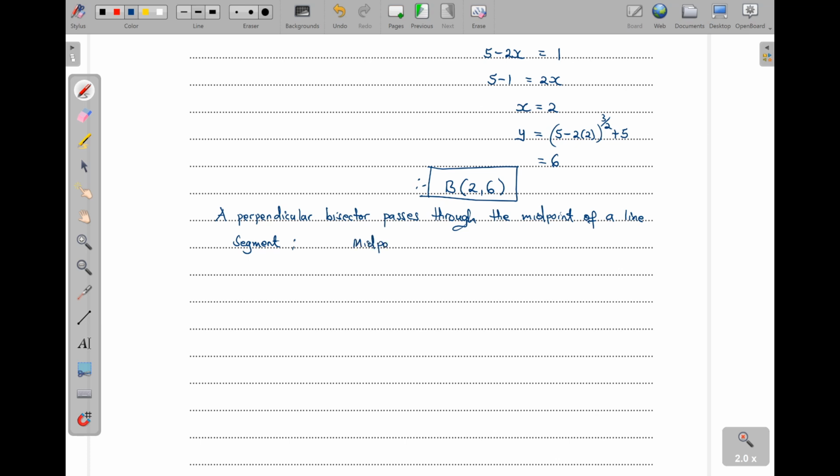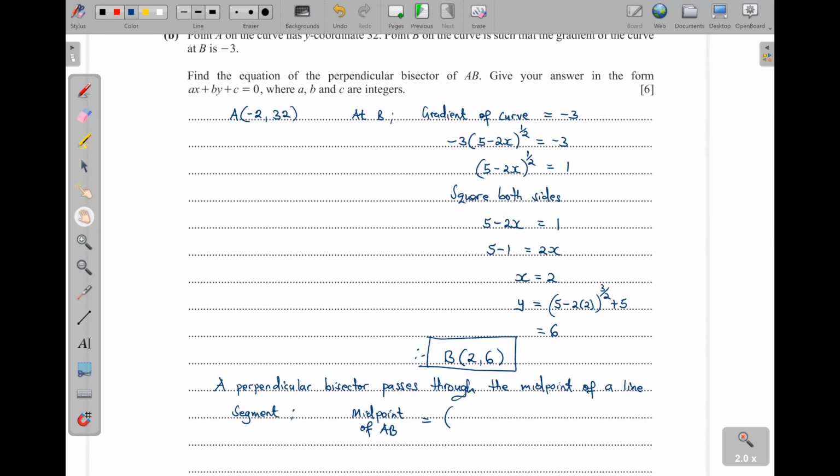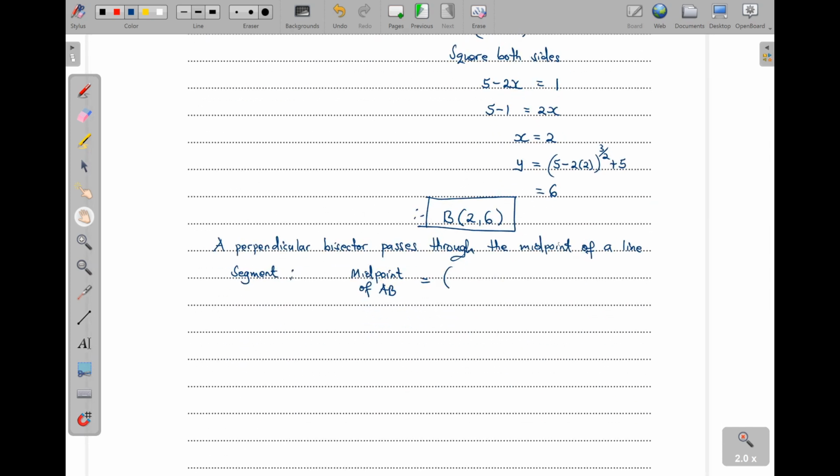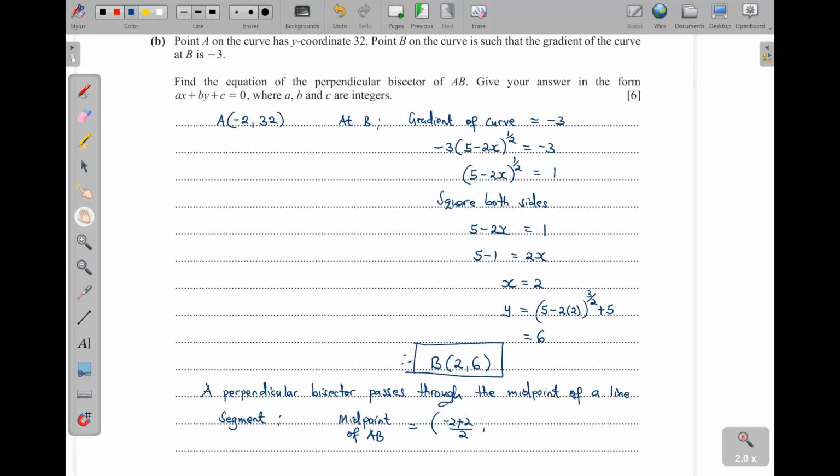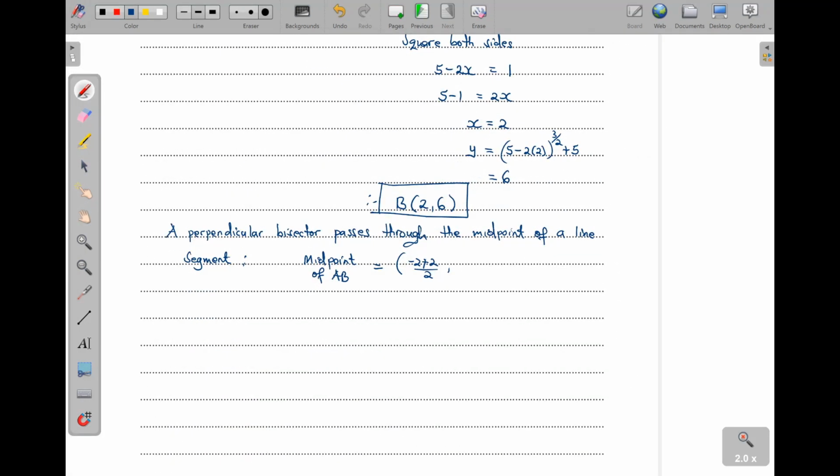So the midpoint of AB is going to be the average of the x coordinates. We have negative 2 for A and then 2 for B. So you have negative 2 plus 2, then divide by 2. And then the average for y. y for A is 32. y for B is 6. So 32 plus 6, that is 38, then divide by 2, that is 19. Of course, this one is 0, so we have (0, 19).